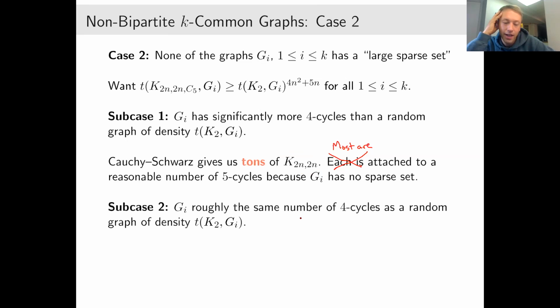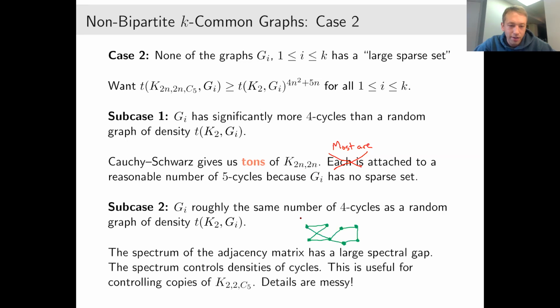So now imagine that every single one of these G_i's is fairly quasi-random, so the number of 4-cycles is close to what it would be in a random graph. This turns out to be perhaps the trickiest case to deal with, so we have to resort to some spectral arguments.